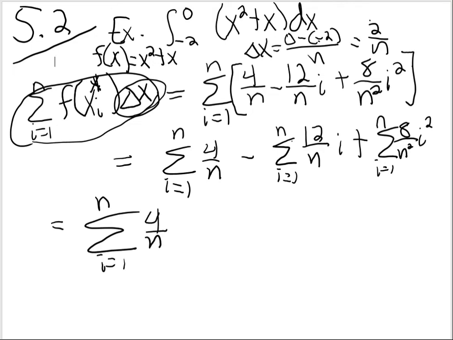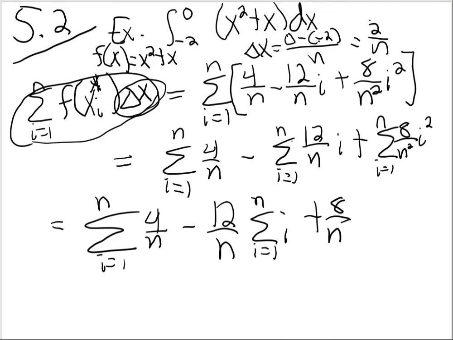And then for the second and third term, we have a constant. 12 over n is constant because it doesn't have an i for the second term. And 8 over n squared is constant because it doesn't have an i for the third term. And we can use our summation formulas. And so what do we get?